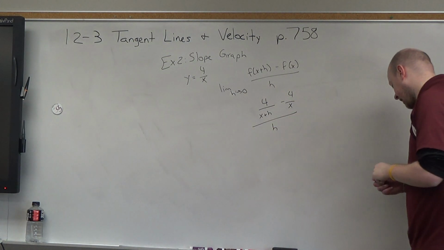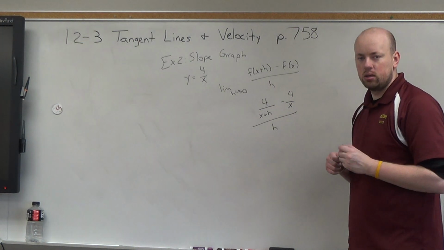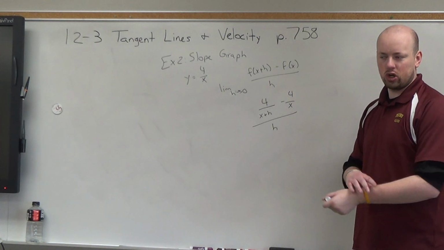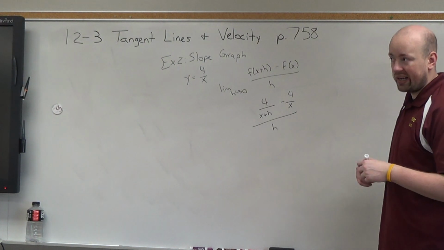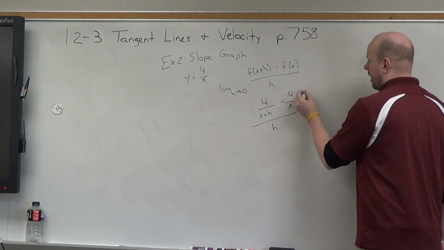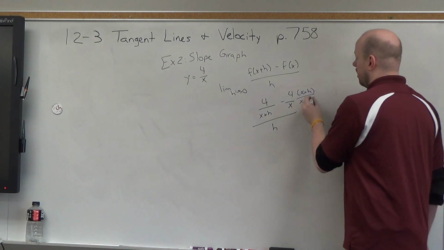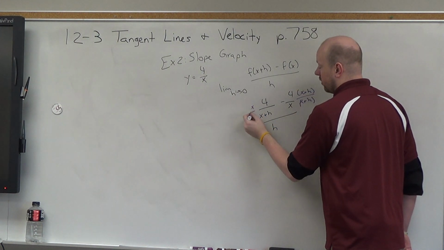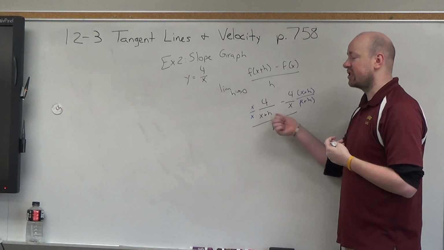Now in this specific case, how do I condense my numerator? How do I combine like terms? Well, I need what for fractions? I need common denominators. So I can multiply this one by x plus h over x plus h. I can multiply this one by x over x. I have to because it's not x times h, it's x plus h.